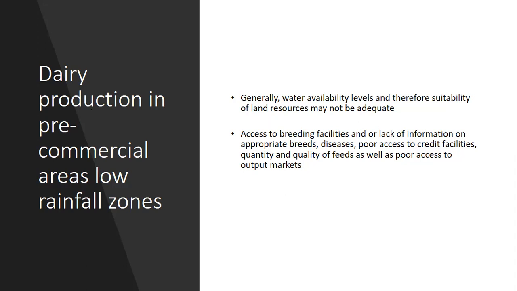They're not able to access credit facilities, and also due to the low water availability are not able to provide the animals enough feed of good quality, so that the livestock are able to produce enough dairy for their own consumption and also to make it commercial. Next.